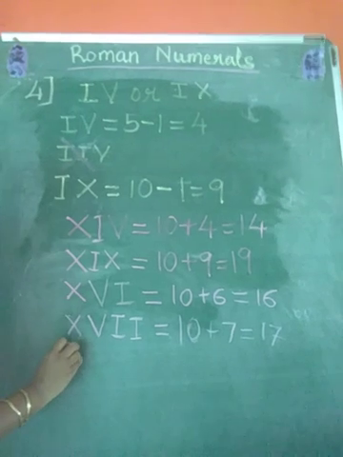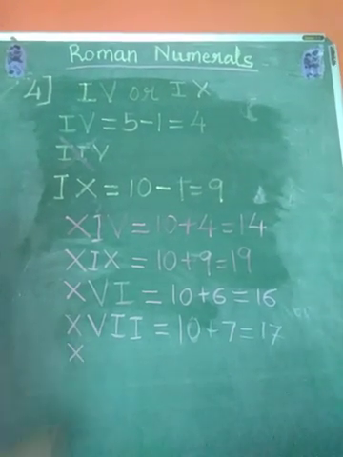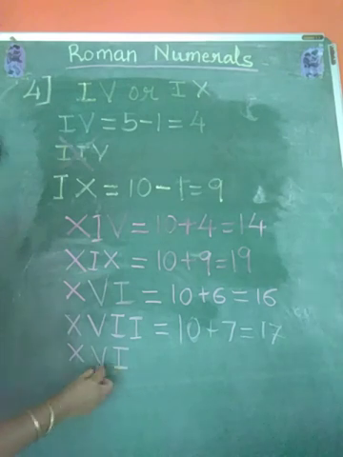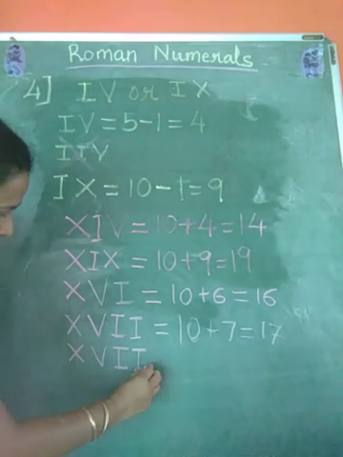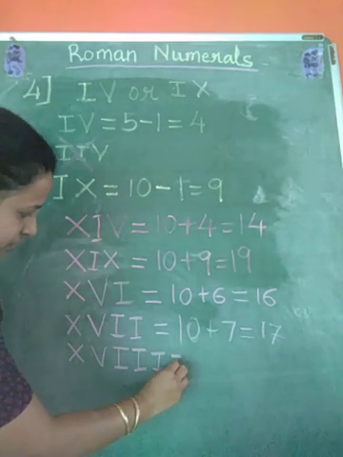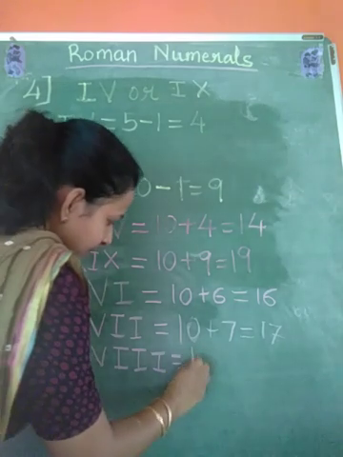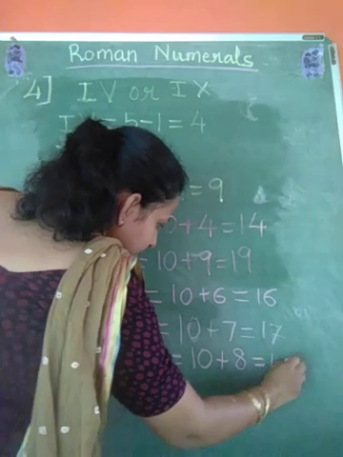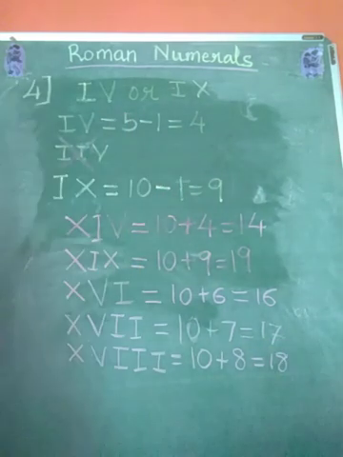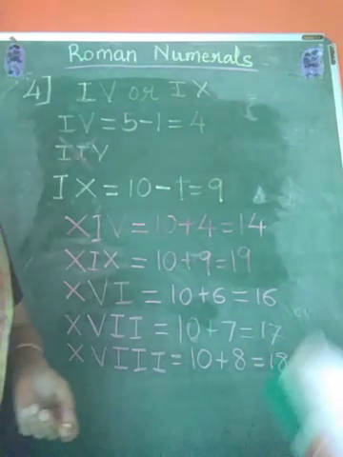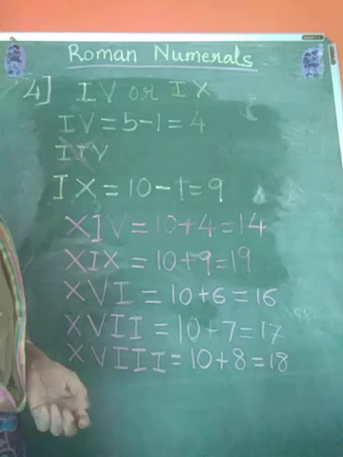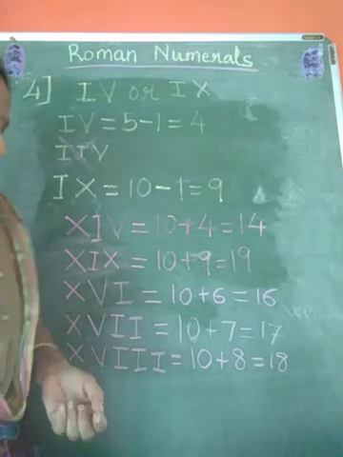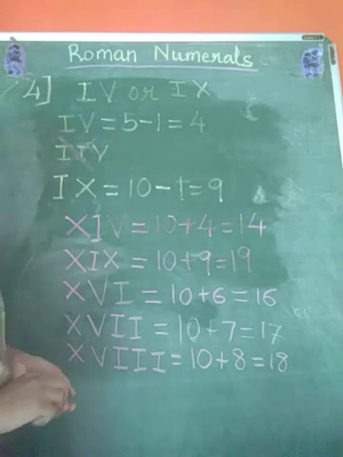Now 18 will be written like this: XVIII, because VIII means equal to 8. So the total is becoming 10 plus 8 equal to 18. So this is how you have learnt now to write down all the numbers from 1 to 20. 20 you have already learnt before.